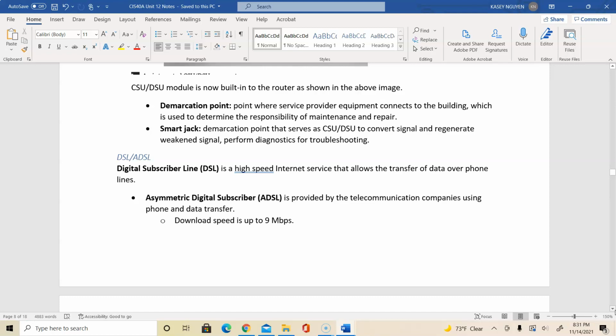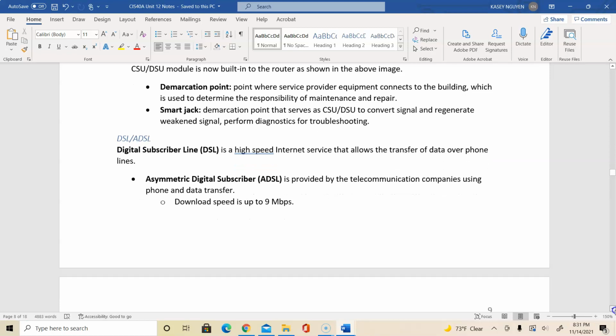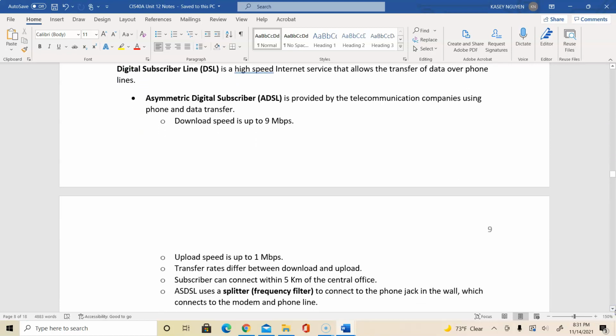The download speed can be up to 9 megabit per second, whereas the upload speed would be up to 1 megabit per second. So the transfer rate would differ between download and upload for ADSL, and the subscriber would need to be connected within 5 kilometers of the central office of the phone provider.